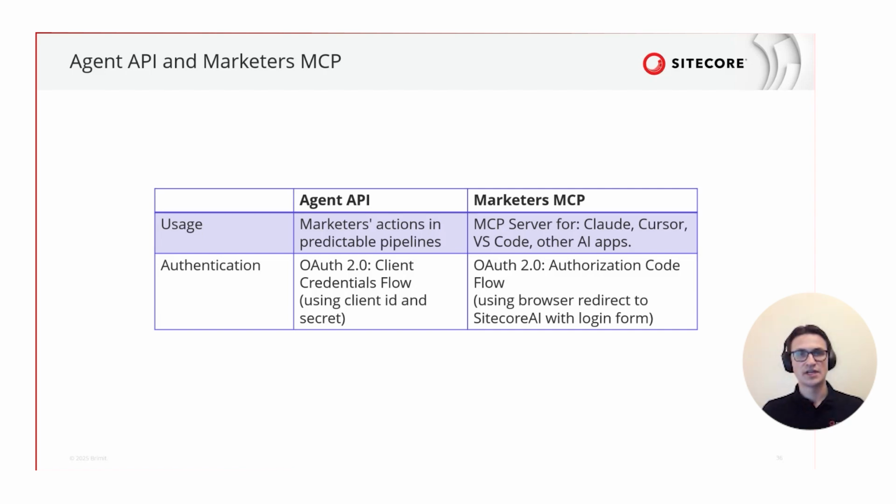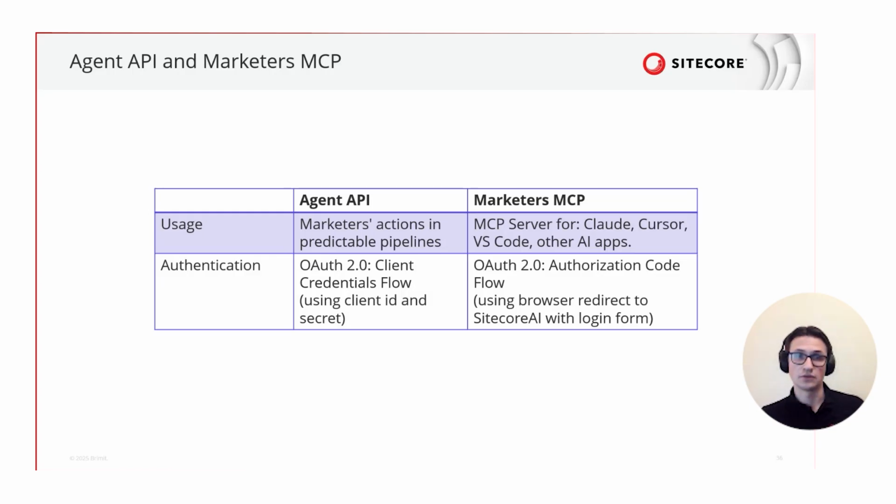Both Agent API and Marketers MCP utilize OAuth 2.0 authentication, but the authentication flow is different. For Agent API, you need to create client ID and client secret credentials and use them, which is perfect for service-to-service integrations, while Marketers MCP uses authorization code flow, which requires some manual interaction in the user interface.